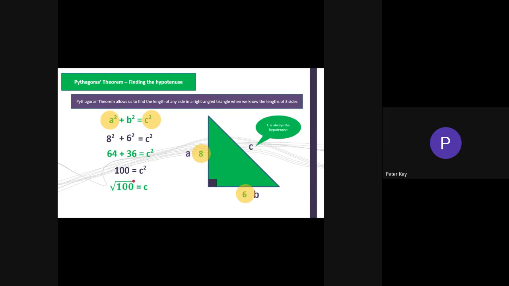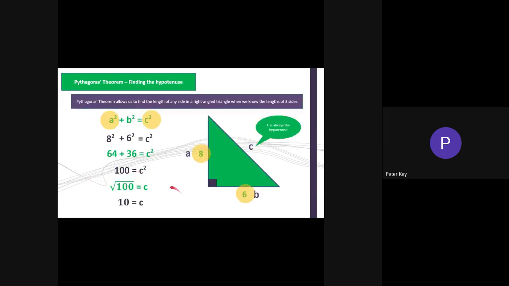If you put 100 in your calculator and then press that symbol, or press that symbol, then put 100, depending on what kind of calculator you've got, you'll get the answer 10. So that is the square root. It's the opposite of squared. So we're square rooting 100, and that gives us 10. So 10 equals C. So C is 10.